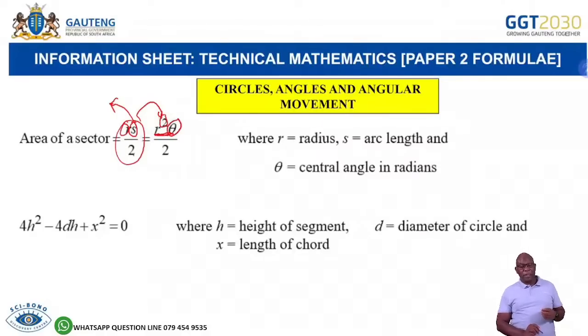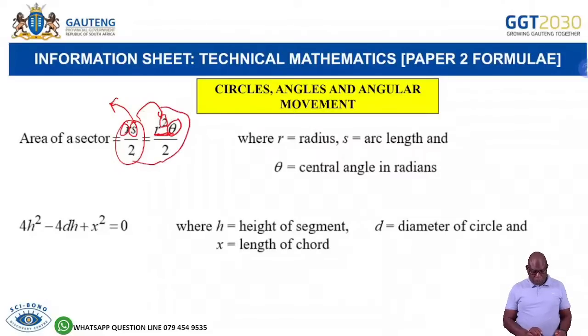So when the angle is given, r becomes r squared, but when the arc length is given, the r is not squared. You must know both formulae and also how to use them.